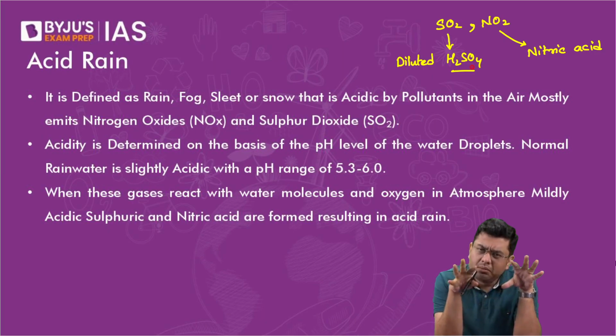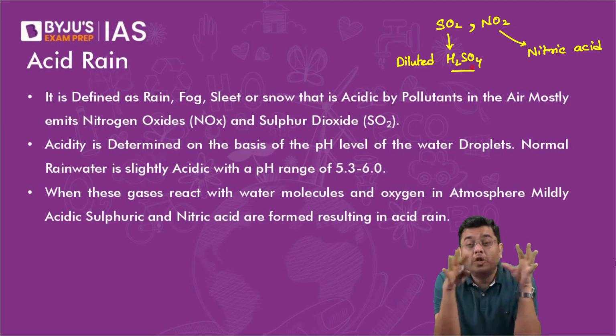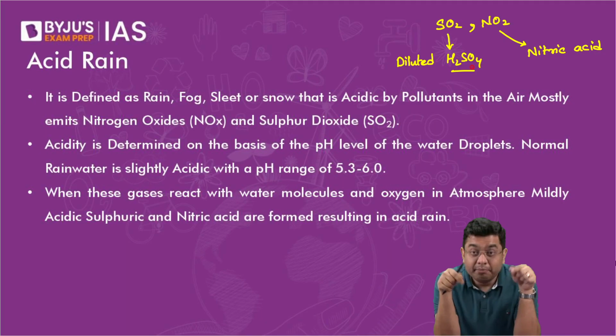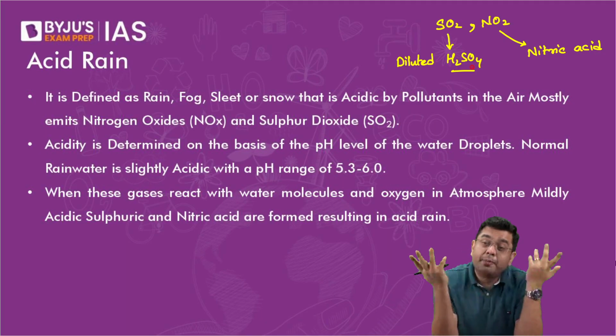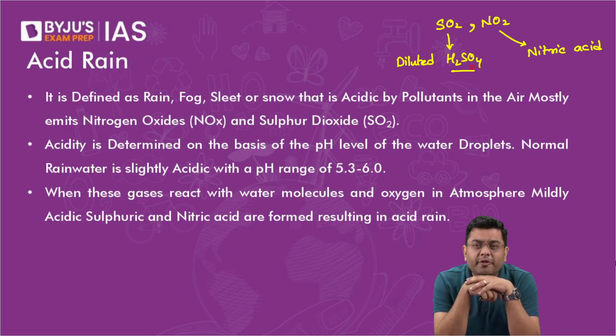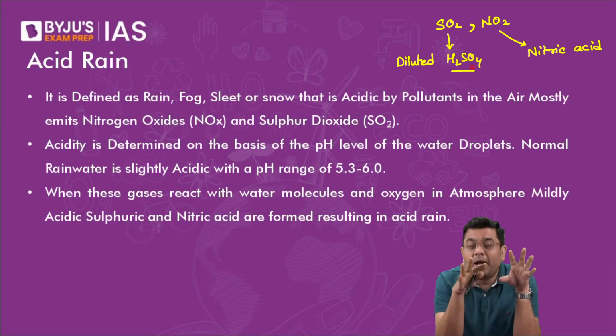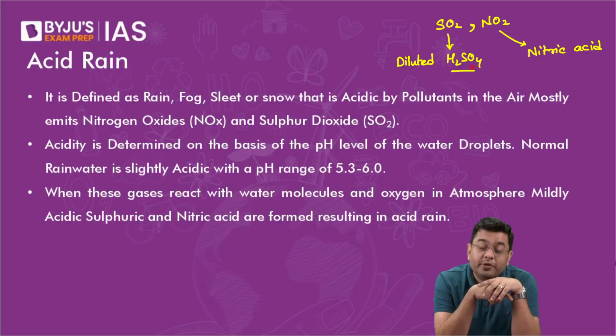You had one of the phases where almost all the plants died because of this acid rain. At that point of time, where did these contaminants come from? Both of them were produced from volcanic eruptions, right? And also plant residues, etc. So you had a phase where a prolonged acid rain was happening.